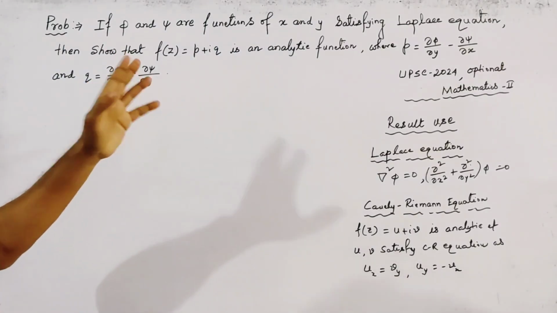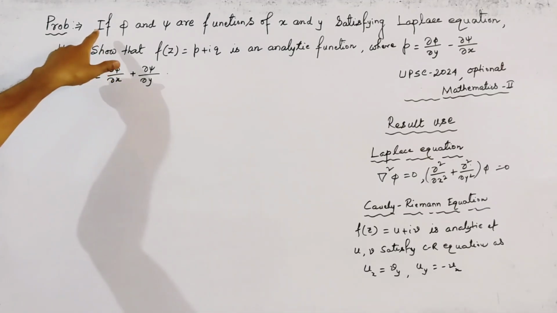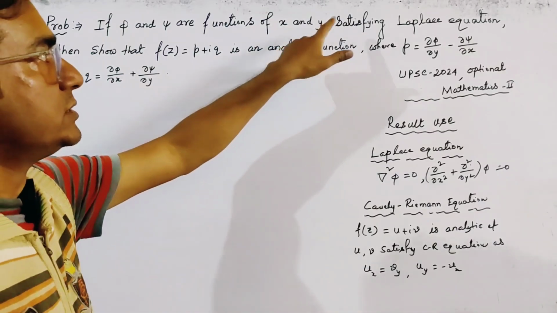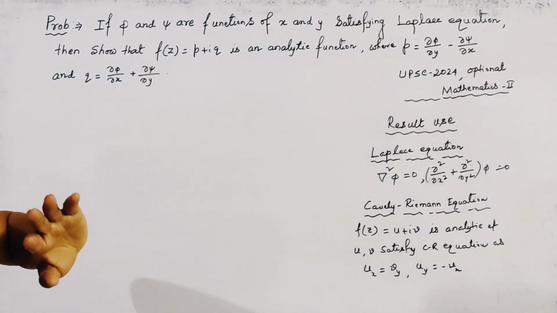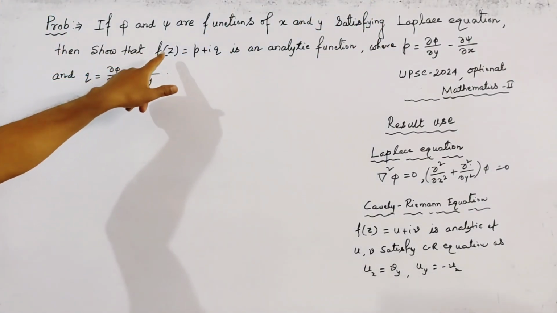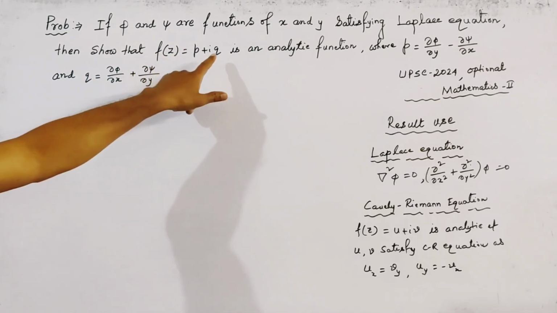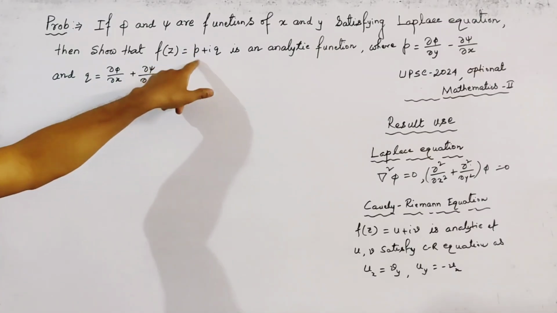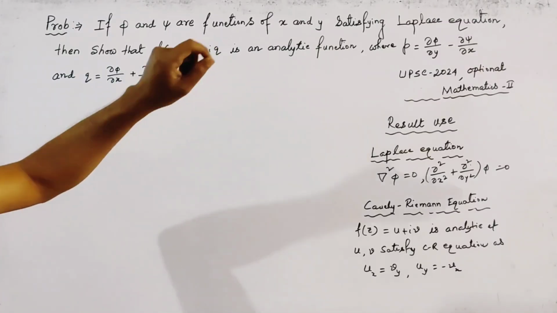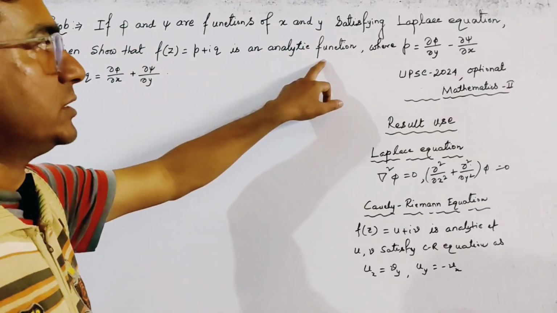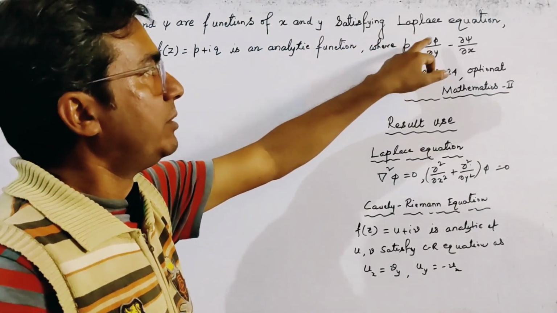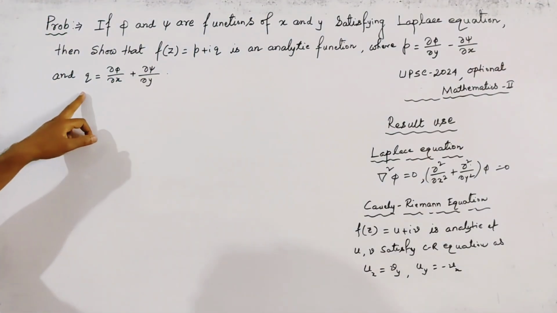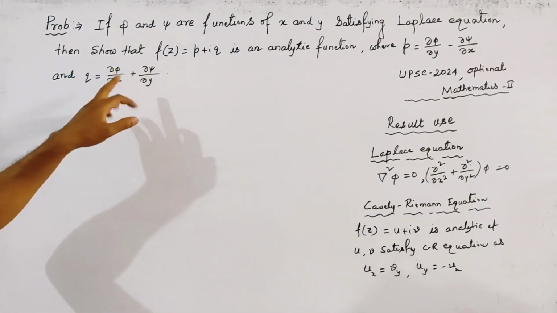This problem is for 10 marks, and it is given that if phi and psi are functions of x and y satisfying Laplace equation, then show that f of z, which is given by p plus iq, generally f of z is written as u plus iv, here it is given that p plus iq is an analytic function, where p is given by del phi by del y minus del psi by del x, and q is given by del phi by del x plus del psi by del y.